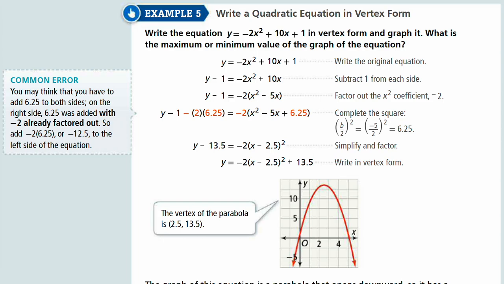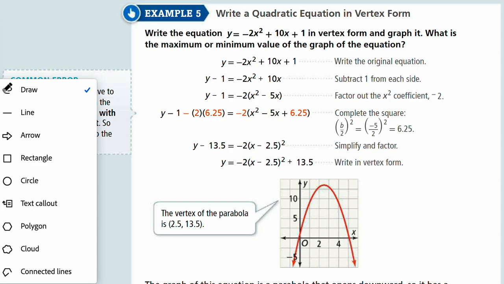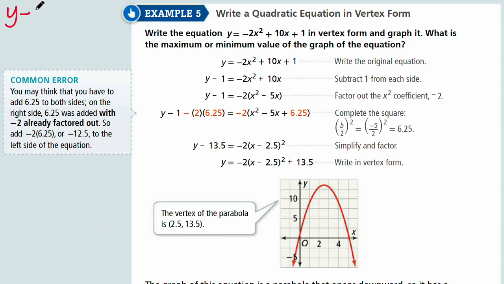And in order to graph it, it's easier to graph it from the vertex form because we have the vertex, right? Obviously. And so remember what your vertex form was. Y minus k, where k is your y value of your vertex, is equal to a times x minus h squared.